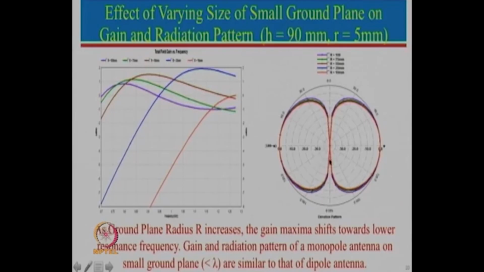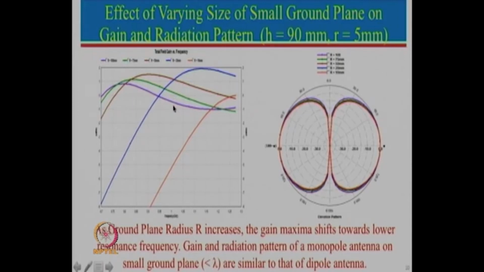If the radiation pattern of a monopole antenna on a finite ground plane is similar to a dipole antenna, where a dipole antenna has a problem, it requires a balun, it requires an impedance matching network, over here you do not require any such thing. So it is actually better many a time to use a monopole antenna with a finite ground plane less than lambda.